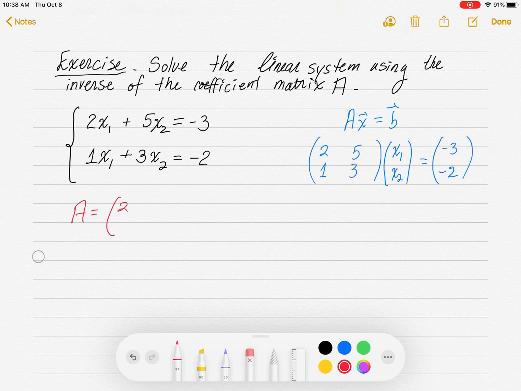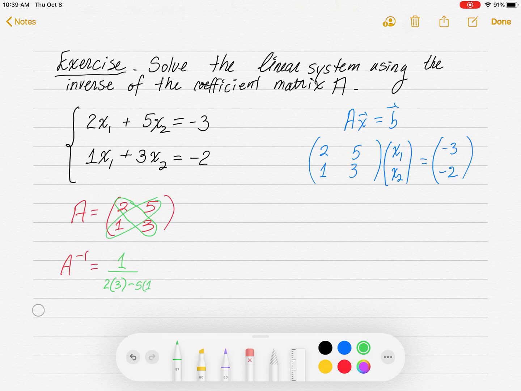So what I'm going to do is write down A here, as 2, 5, 1, 3. And I'm going to find A inverse. How do you find A inverse? Well, remember, you take 1 over the determinant.